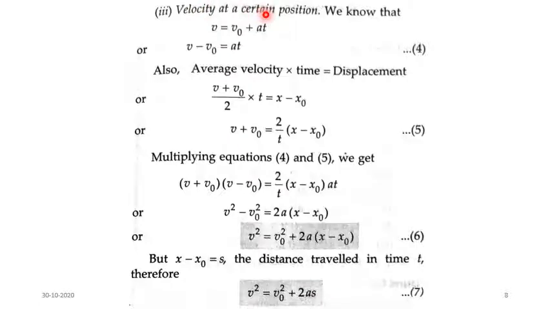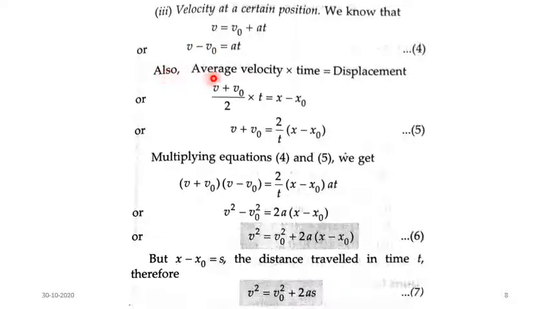Now let's move to the next equation: velocity at a certain position. We know final velocity can be written as initial velocity plus acceleration times time, or I can also write v minus v naught equals at.